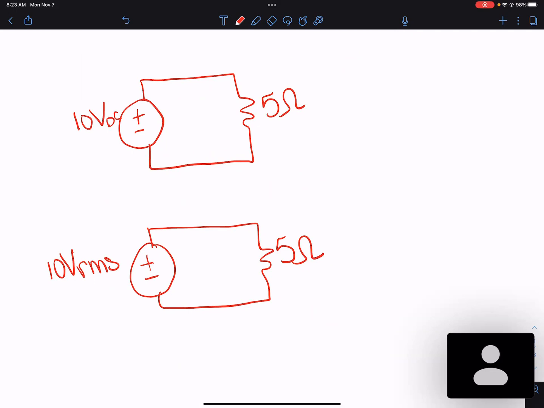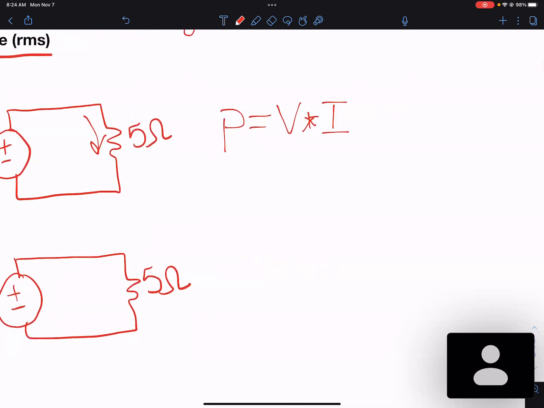So if I look at this, how much power is going to this 5 ohms? Remember, power is voltage times the current. And you can write I as V over R. And so in this case, you have V squared over R.